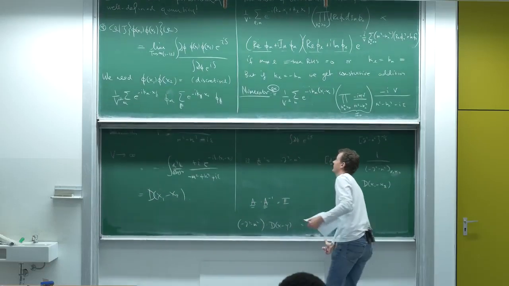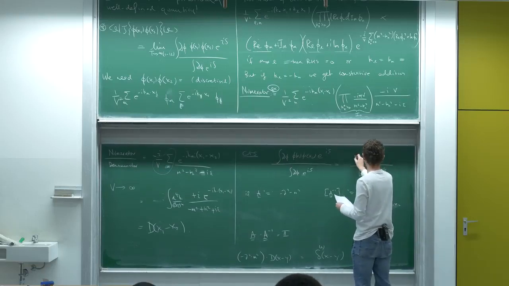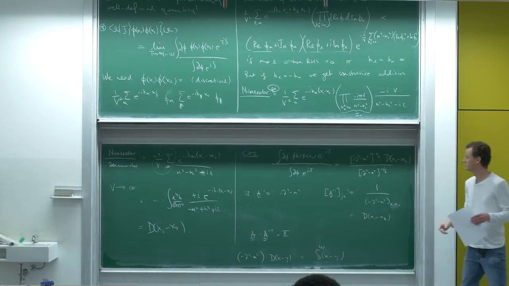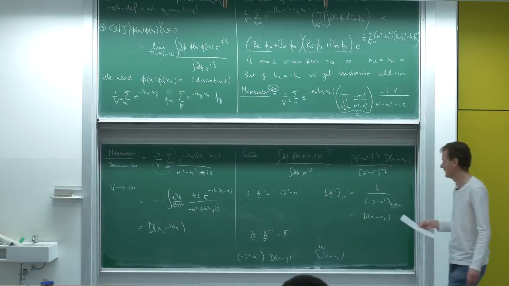So I'll write it in. So the numerator here is that. And so we get that cancellation and we get the result that we knew we would get.